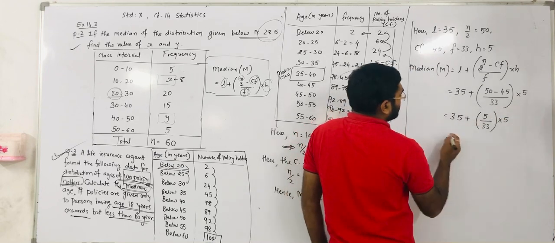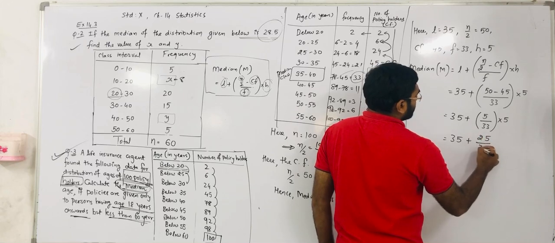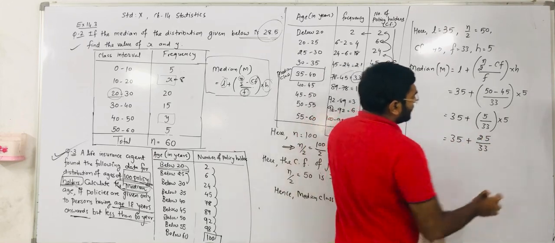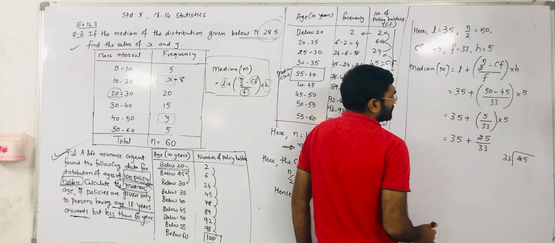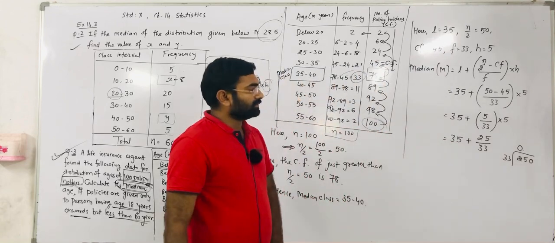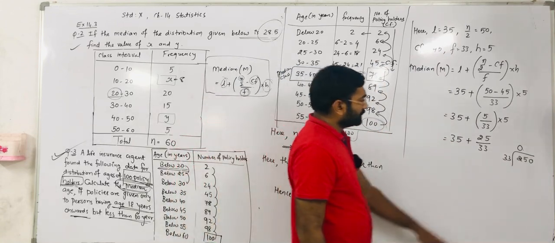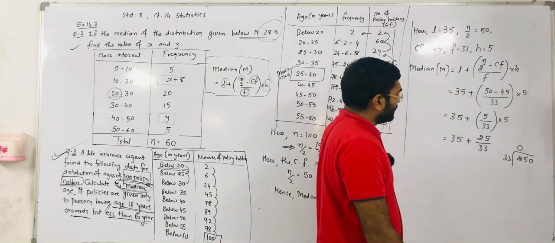So 5 into 5 is 25, 25 divided by 33. Now we have to divide 25 by 33. It is not possible directly, so we write 0 point, and we get 250 divided by 33.